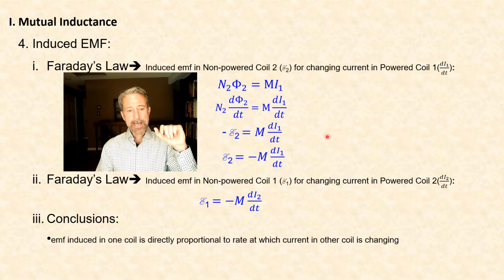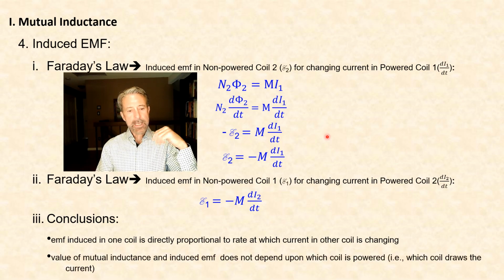As I've said many times, the EMF induced in one coil is directly proportional to the rate at which the current in the other coil is changing. That's what this equation tells us. And the value of that mutual inductance and induced EMF does not depend upon which of the coils is the powered one, that is, which coil draws the current.